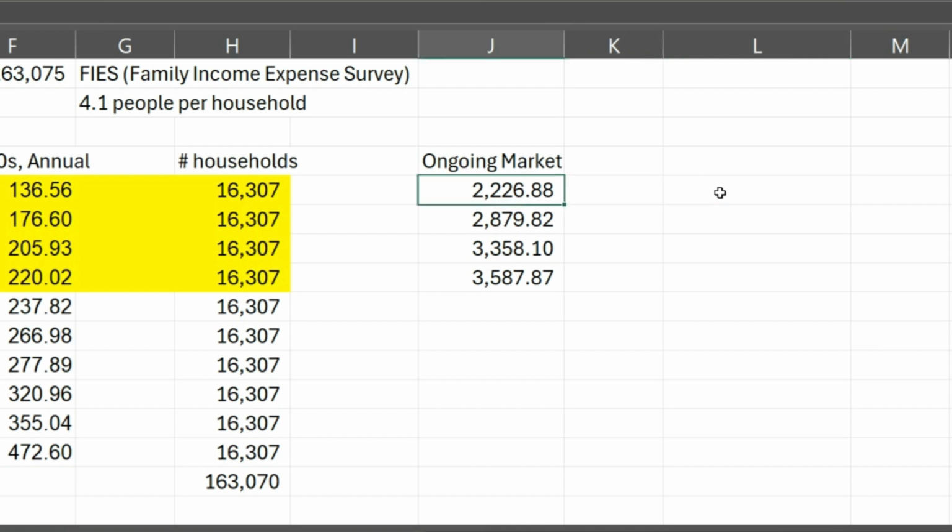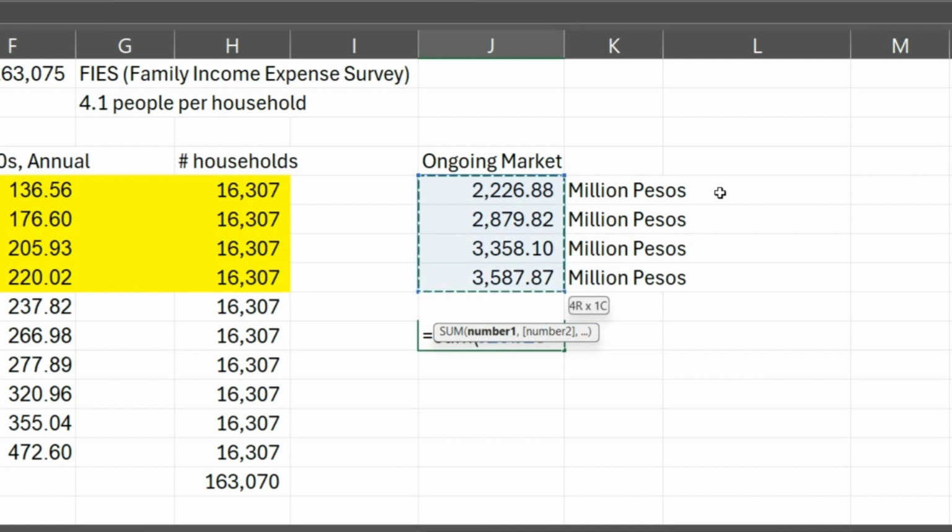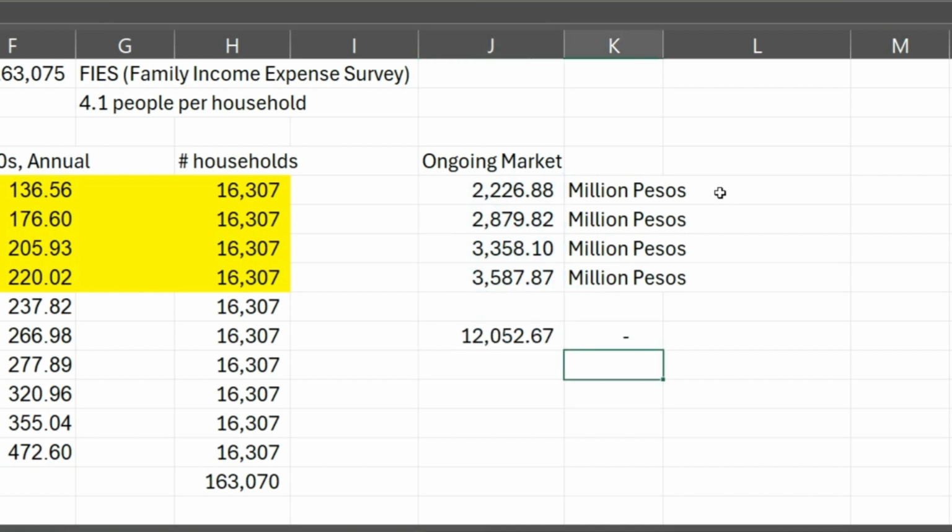So that's 2.2 billion pesos, or 2,226 million pesos. That is your market for the first to the fourth decile. If you sum this up, this is your market for the year.